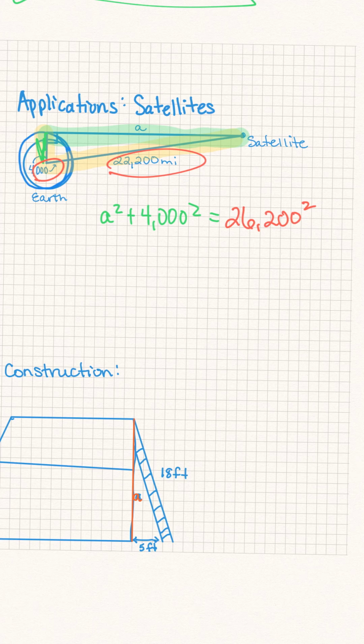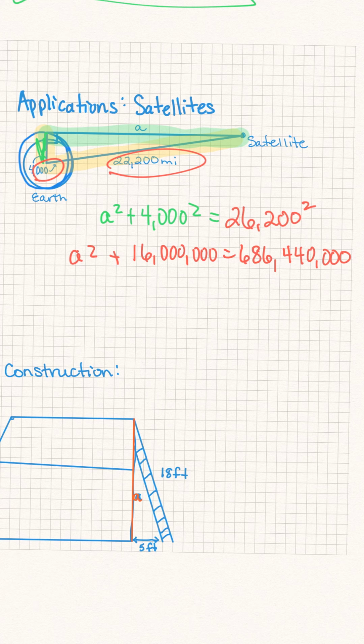When we multiply that out, 4,000 squared is 16 million, and 26,200 squared is equal to 686,440,000. Oh goodness.